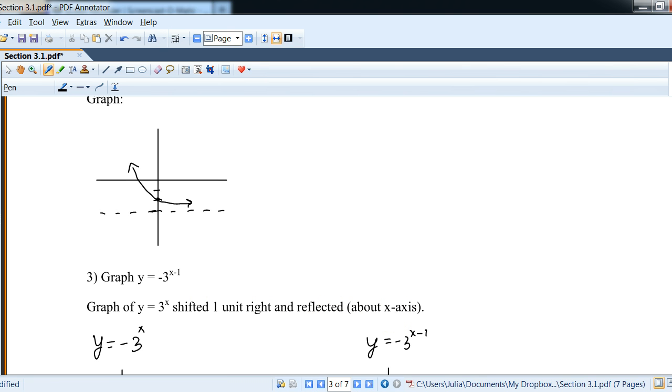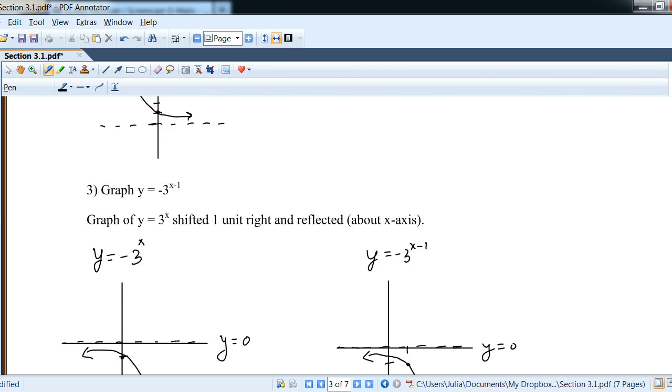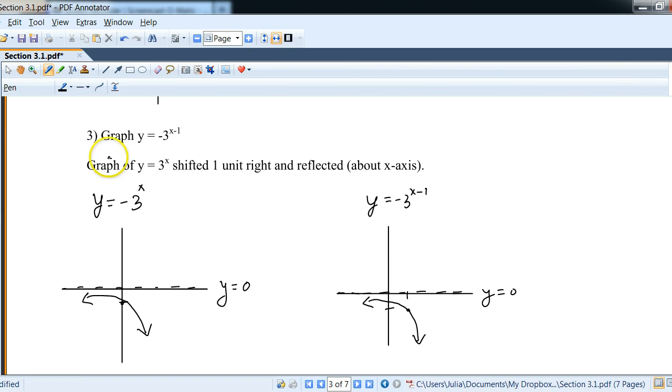What I generally do with a graph like this, I draw the graph reflected about the x-axis first. What if it's just -3 to the x? I basically took the original graph. Let me see if I can pause it and draw it for you. Okay, so the original graph sort of looks like this. I'm just drawing it dotted line, but then if you reflect it, notice how it looks upside down and it actually goes through 0, -1.